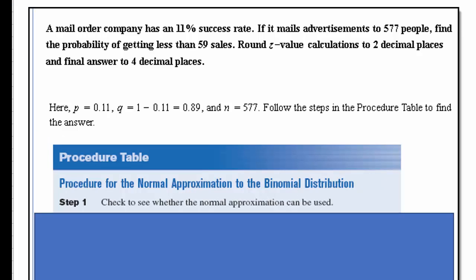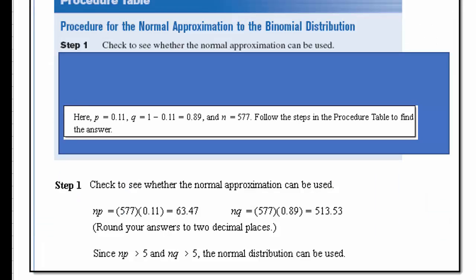Our first step is to check to see whether the normal approximation can be used. To do that, we take N at 577 and multiply it times P at 0.11 to come up with 63.47.